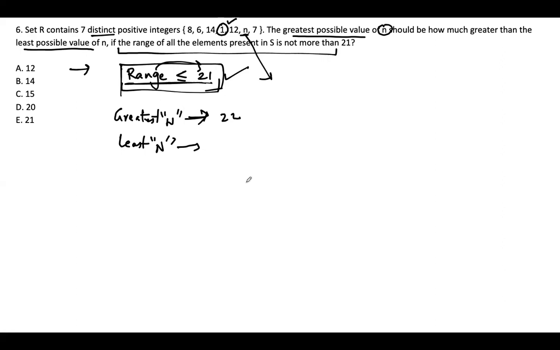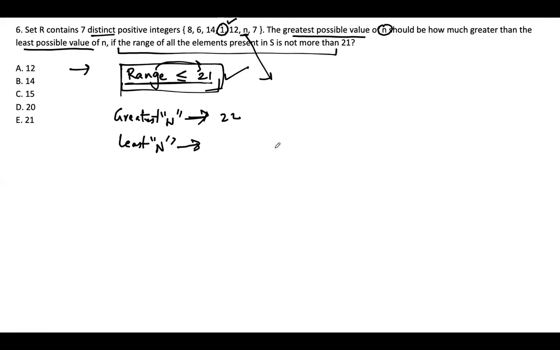So 7. No, sorry, 5. Nikhil? Alia? I think it'll be 5.